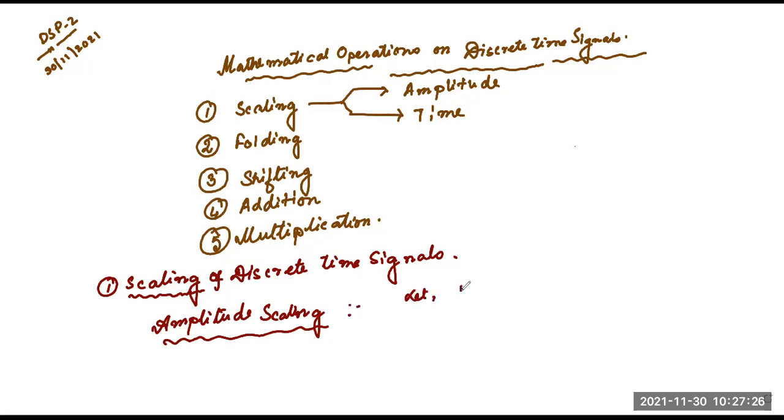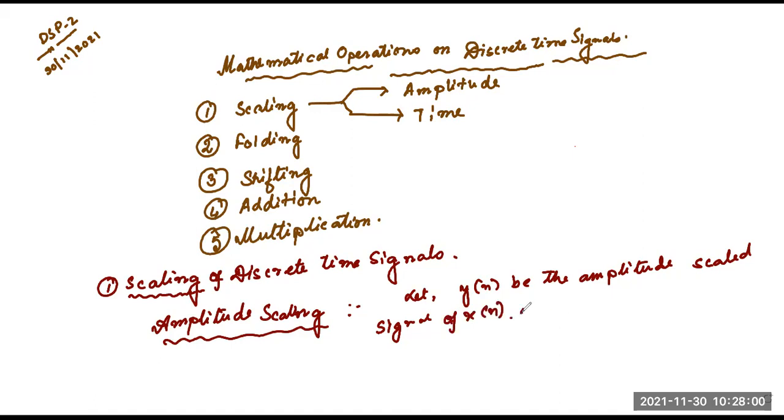Let y[n] be the amplitude scaled signal of x[n], then y[n] equals A times x[n].